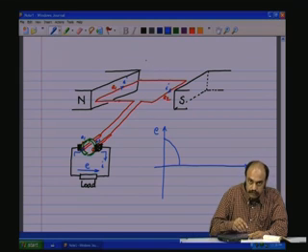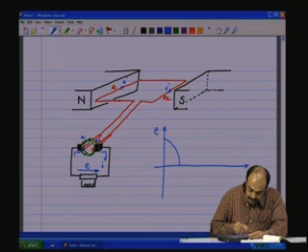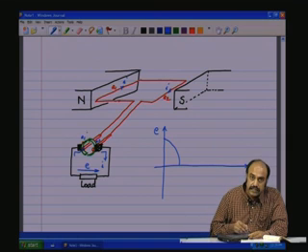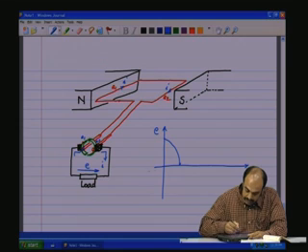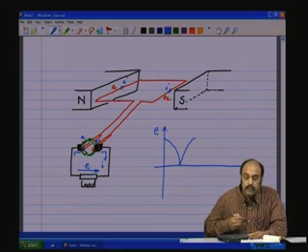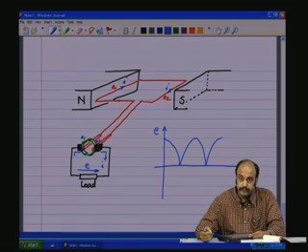On further movement, flux would actually have gone negative, but here the other ring is now making contact with this brush. The ring which was positive is now making contact with the other brush, and therefore there is a reversal in the contacts with the brush, which is again going to make the current through the load in the same direction, and this is going to go like that, and so on in this fashion.